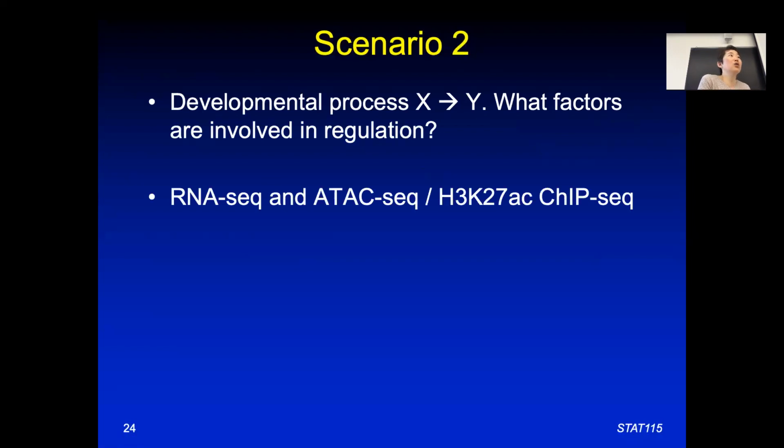DNase is also extremely informative, but you can't do DNase in like 1,000 cells. It's just very hard, okay? So ATAC-seq is easy, RNA-seq is easy. You can do those in maybe 1,000 or 10,000 cells. You get the expression, you get the collection of all the binding sites.